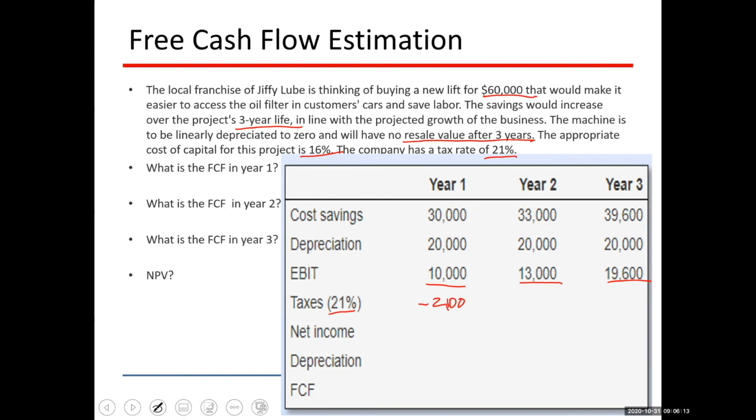In year two, it'll be 13,000 multiplied by 21%, so it'll be negative 2,730. And then in the third year, it's negative 4,116.